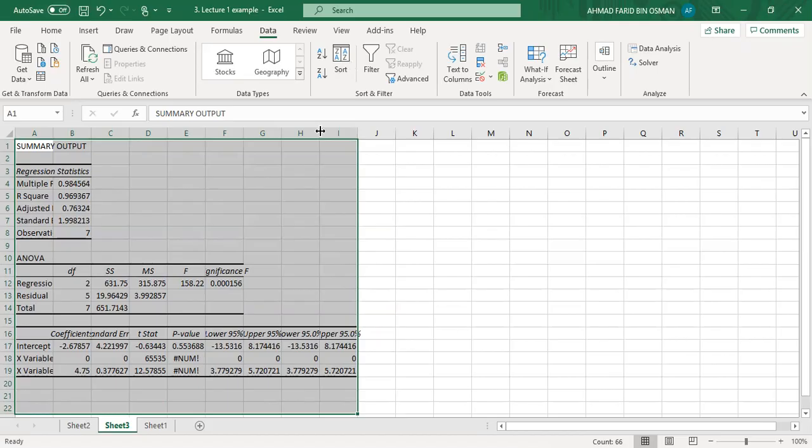So that's how we use the matrix approach to perform estimation, to get the estimates of the regression parameters.